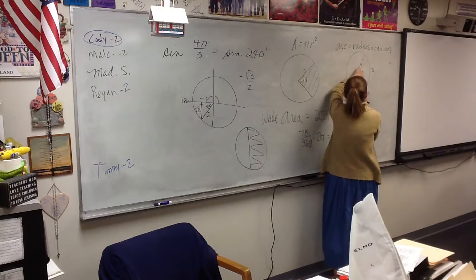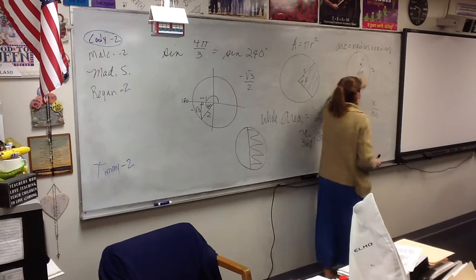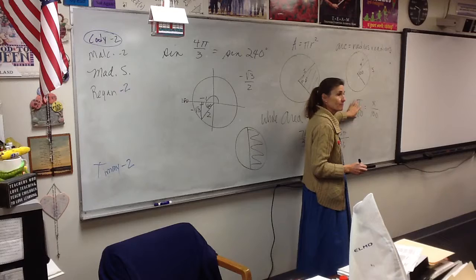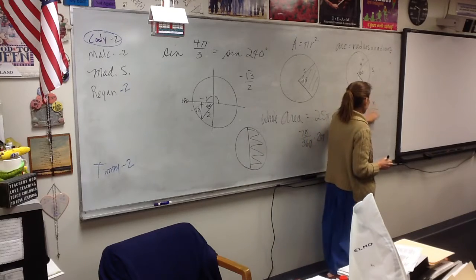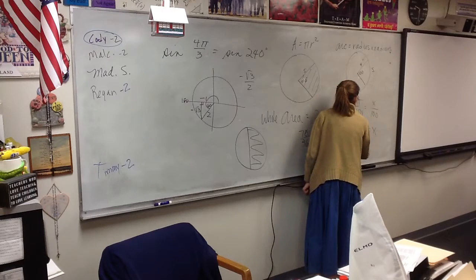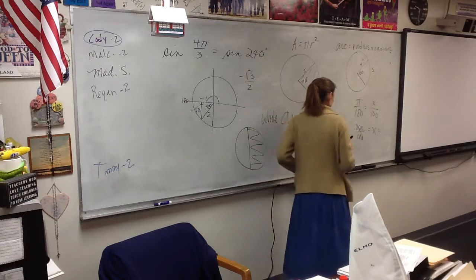Proportion. Pi is to 180 as something is to 100. Remember, pi equals 180, these match. We want to know what matches 100. Hmm, 5 pi over 9.